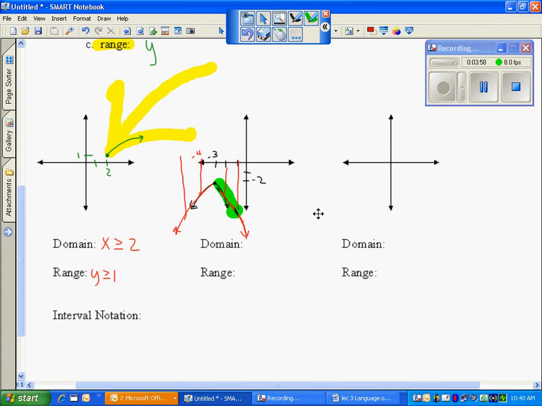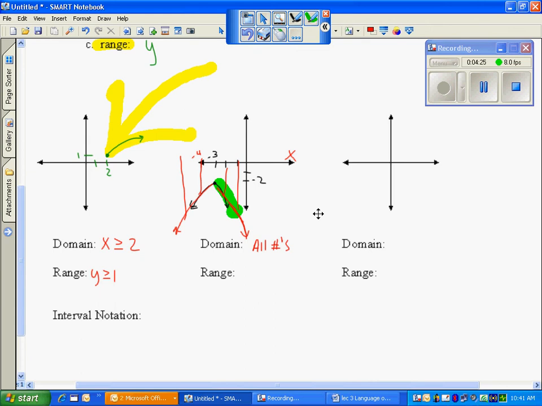So because x is horizontal, I always think of it as left and right. Does my domain head to the left and does it head to the right? It does. So in fact, all numbers are in the domain. In this rule, every x can be plugged in. My range, however, does not go up.